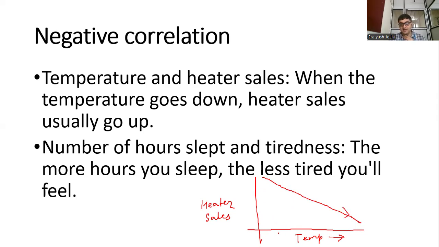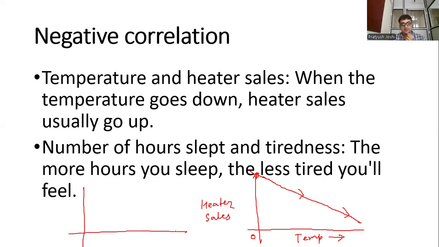And if the temperature is less, let's say the temperature becomes 0 degrees Celsius and it is very cold outside, a very large number of people are going to buy heaters. And as the temperature becomes less cold, the sales of heaters will suffer losses. And therefore, this is an example of negative correlation.